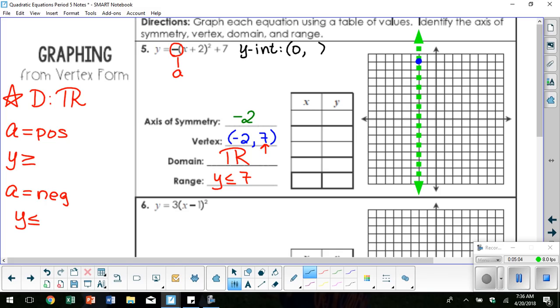So we have to plug in 0 for x. Then we get y equals negative. Should be a plus.